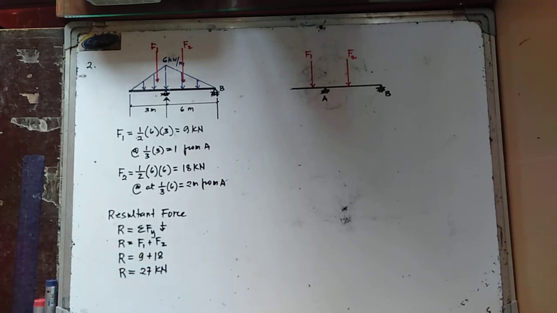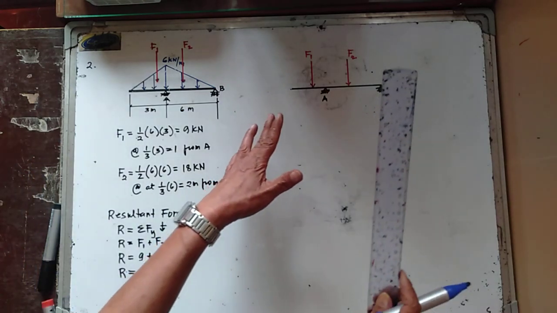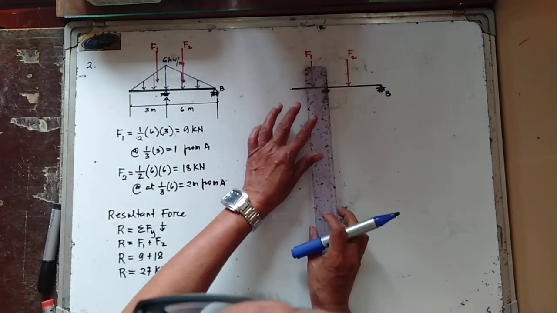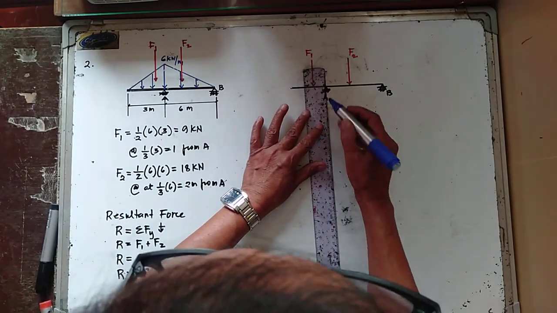Now, let us try to determine now the location of the resultant from point A. So we now have your F1.